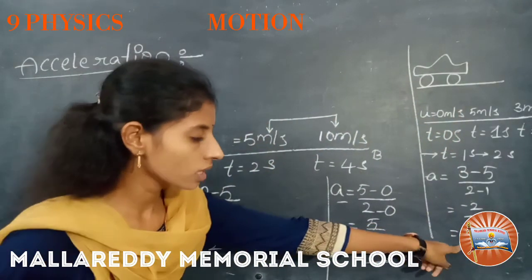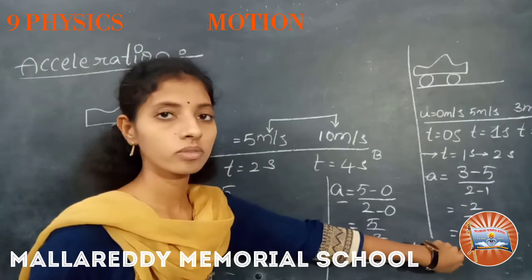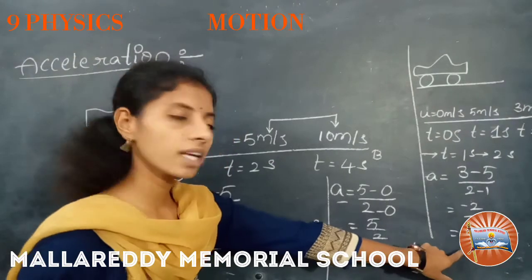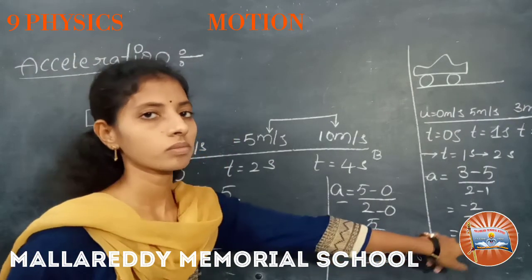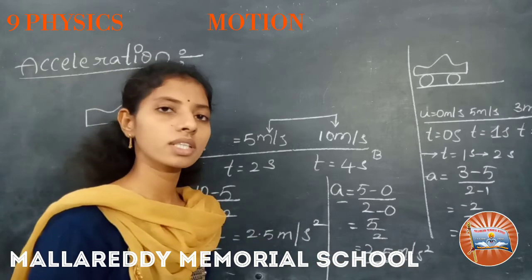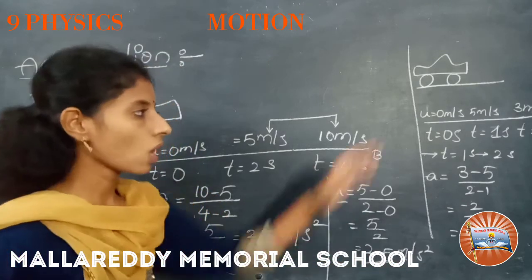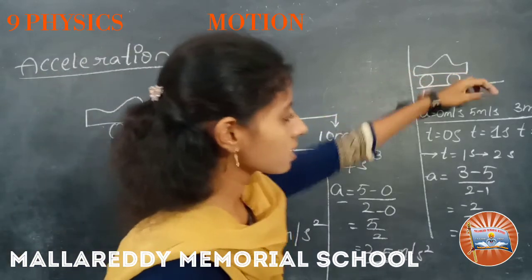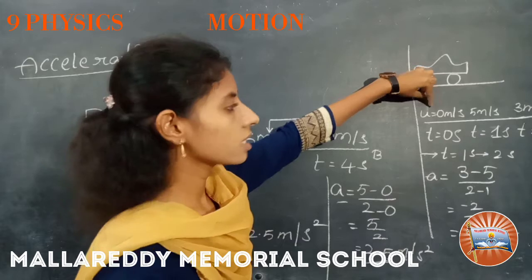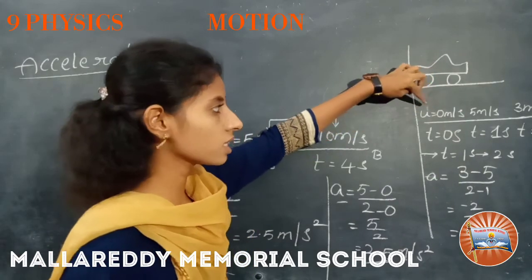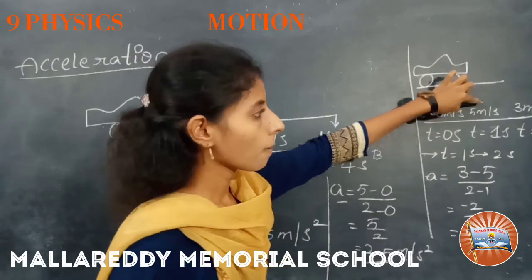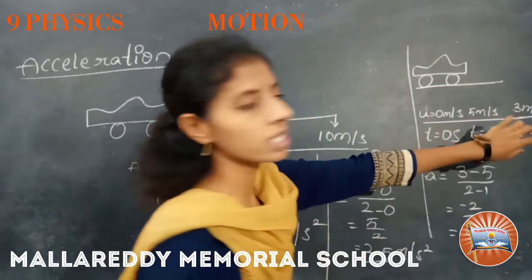Here we got the value in negative, right. Why did we get a negative value here? We know that acceleration is equal to change in velocity by time. Observe here: the car started at the 0 point, the initial point is 0, and it travels at 5 meter per second and after that 3 meter per second.